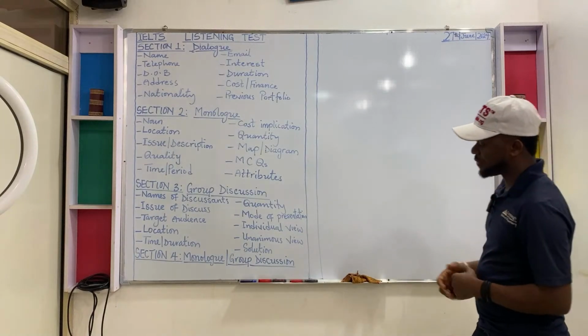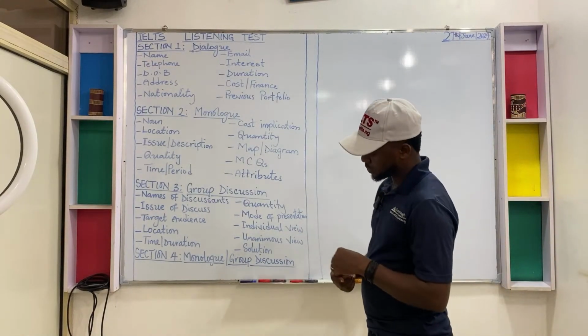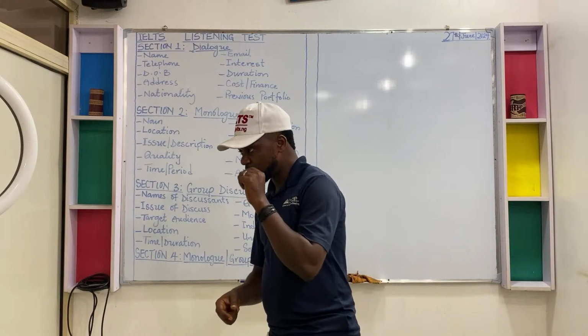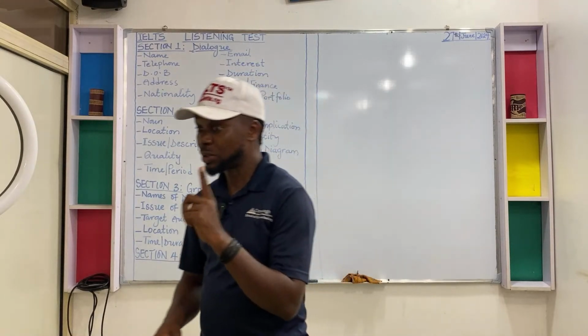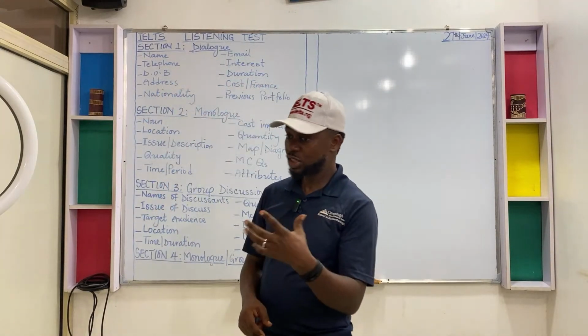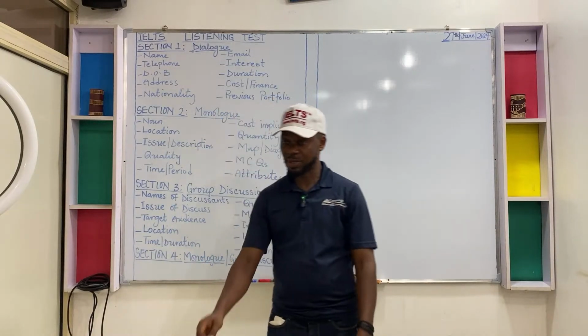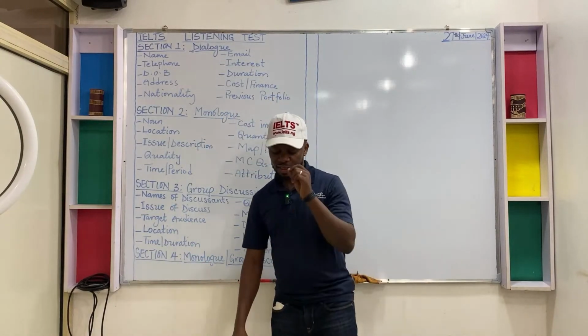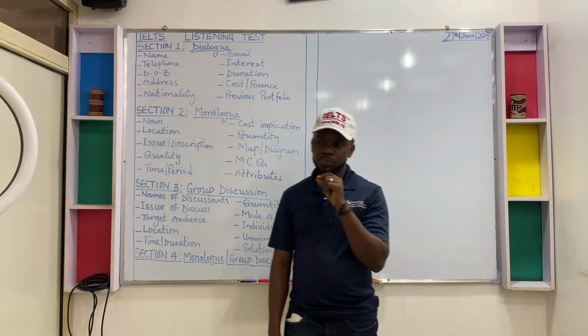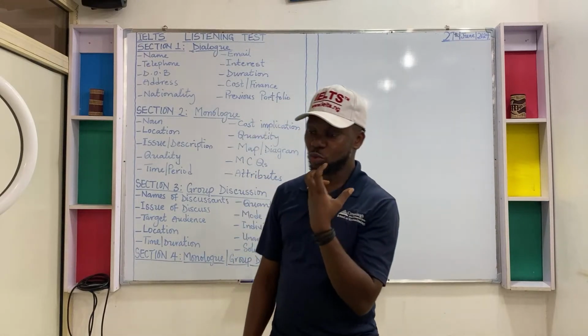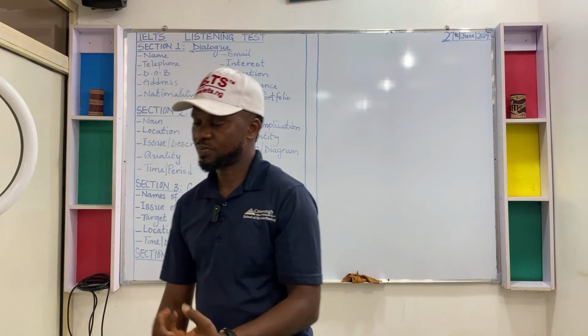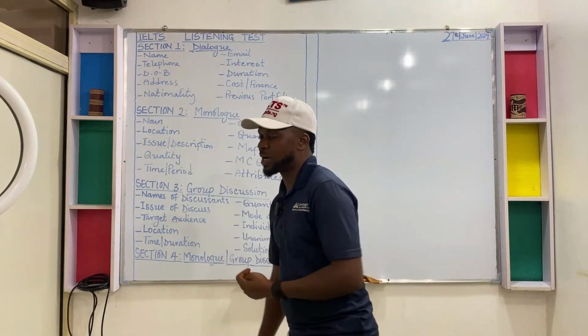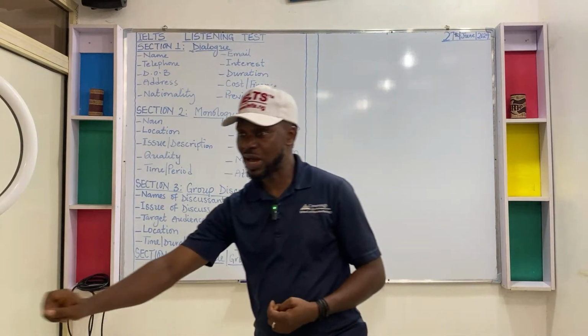Now, when the name is given, most times, if it is an English name, it's never spelled. If it's a popular English name, they expect you to know the name and the spelling. But if the name is an unpopular English name, it's going to be spelled. When it is being spelled, you are expected to write.